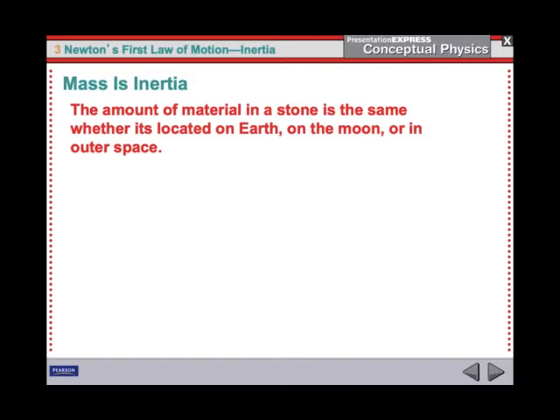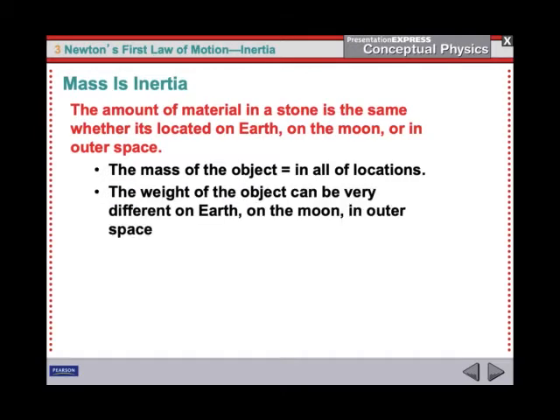If we have a stone and we mass that stone here on Earth, and then we take it to the moon and mass it again, it's going to have exactly the same mass, provided nothing's happened to it, because it has exactly the same amount of material making it up. So the mass of an object is equal in all locations. It's not dependent upon where you are, what planet you're on, because it's the amount of matter that's present.